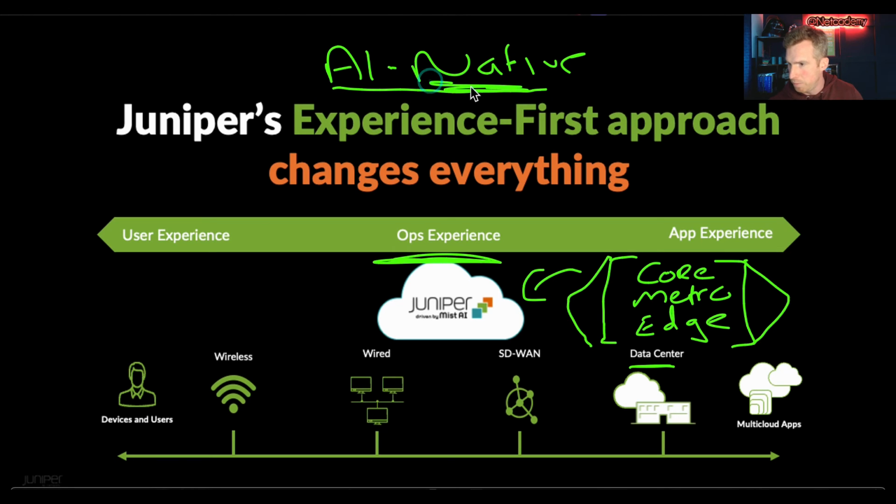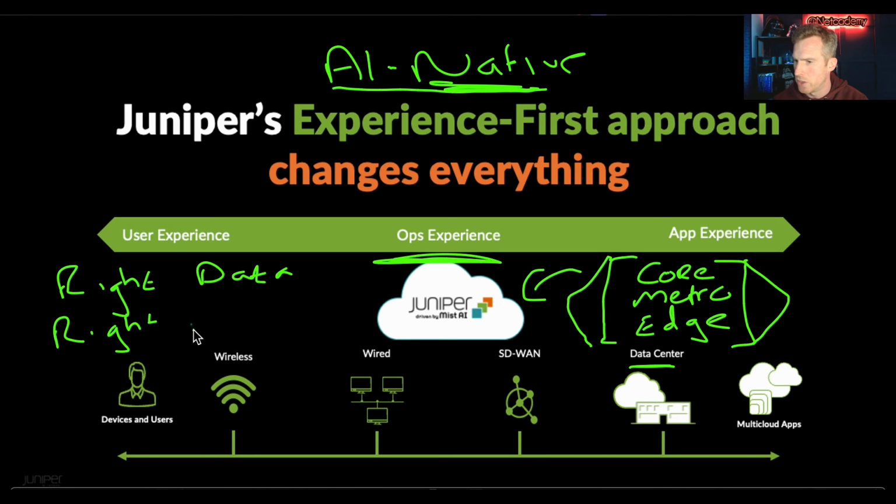Again, native platform here, just for data center and enterprise and core metro edge routers. So you get all of that right data in terms of what's happening on the network, what's going right, what's going wrong, and all of that correlating information through AI in terms of what you need to do to resolve those issues. And that's where you then get that right response as well, because it's all been pushed, as I just said, through the artificial intelligence.